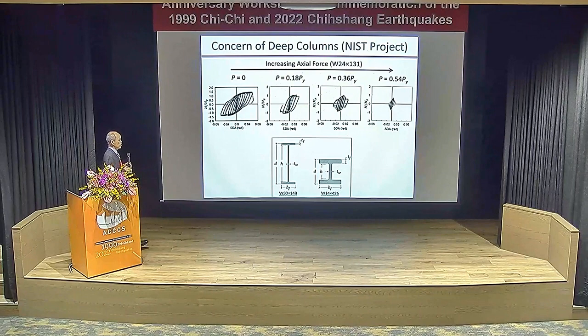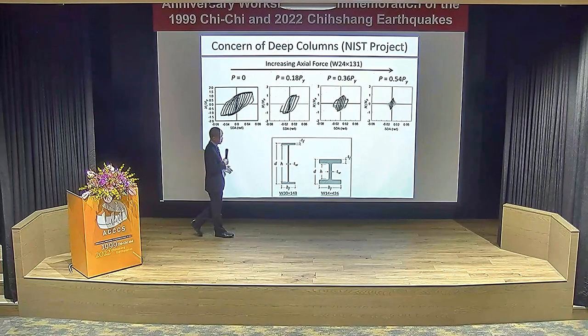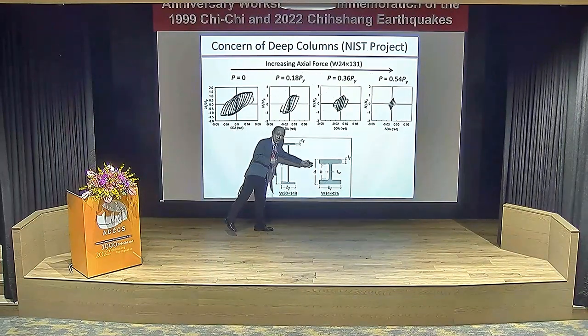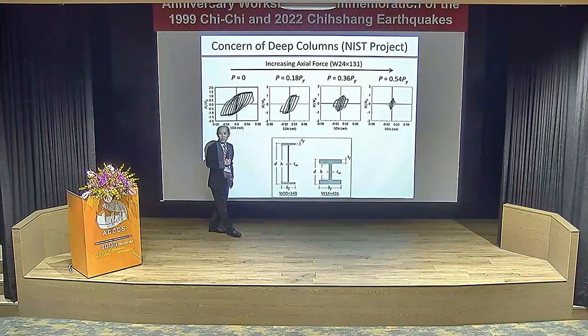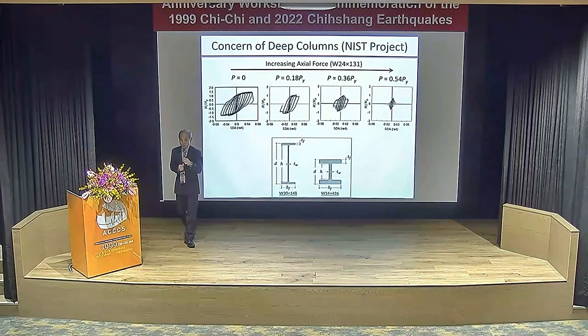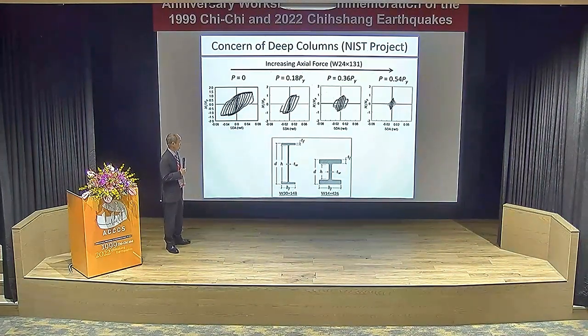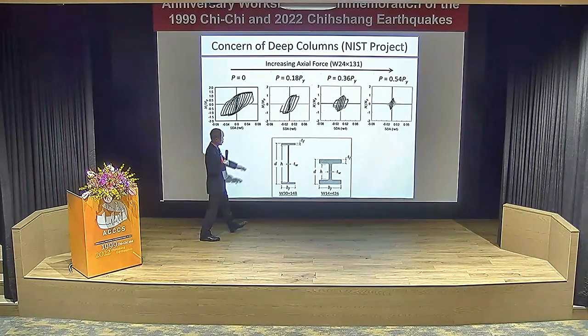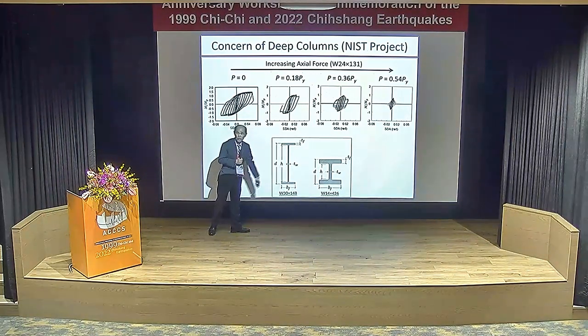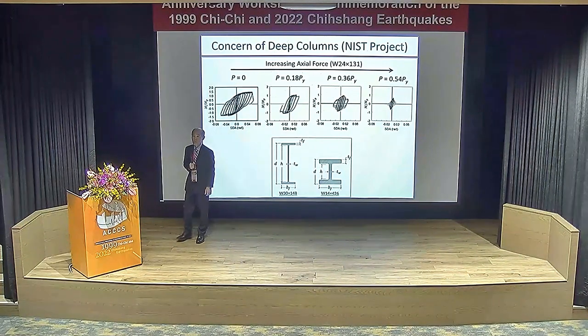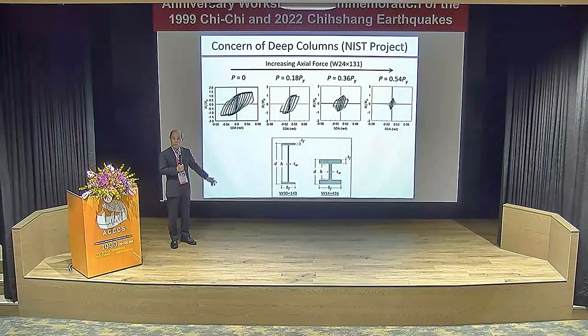Why is that? As I mentioned to you, in the old days, 30 years ago, engineers liked to use this kind of shallow column. But because of the stringent story drift requirement in the code, nowadays engineers like to use this one. I'm showing you two sections. They have the same moment of inertia, drawn to scale.